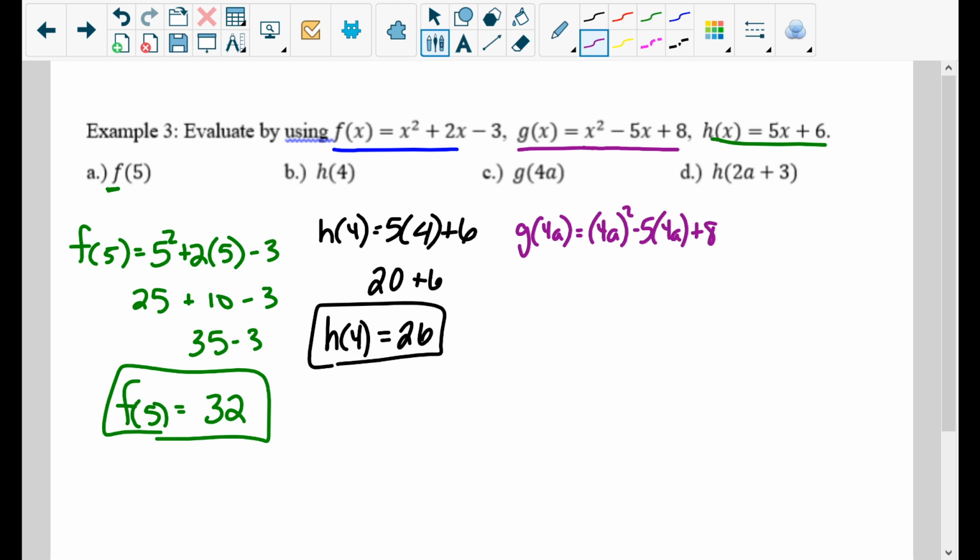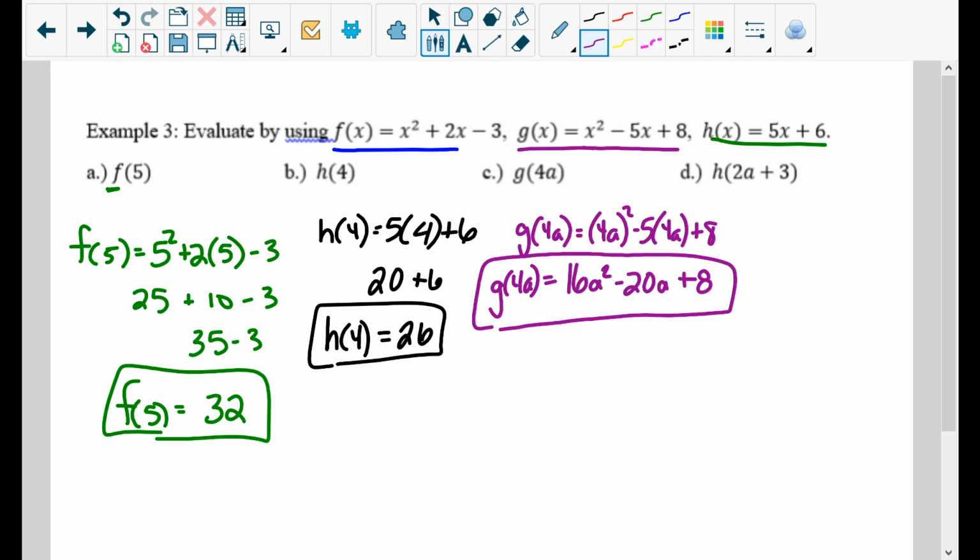And then we simplify. We're not going to get an actual numerical answer here because we have a variable a in there. So 4 squared is 16, a squared is a squared. Negative 5 times 4a gives me negative 20a, and then plus 8. Nothing else combines. So g of 4a is equal to 16a squared minus 20a plus 8.